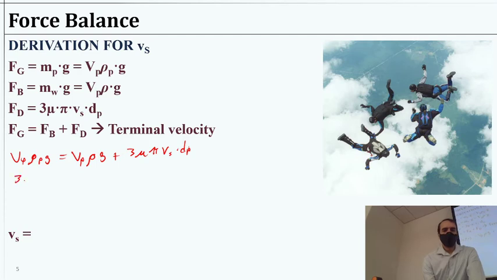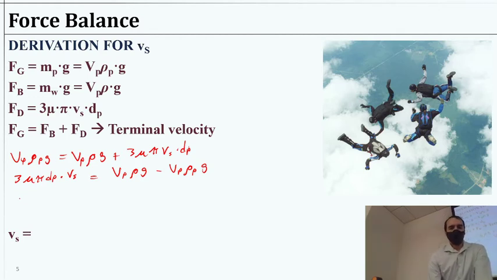We'll say 3 mu pi dp times Vs is going to be equal to the volume of the particle times rho g minus the volume of the particle times the density of water times gravity.